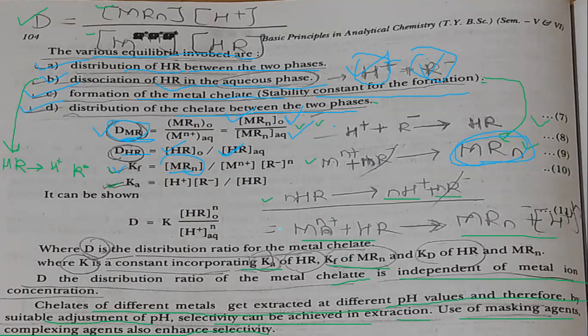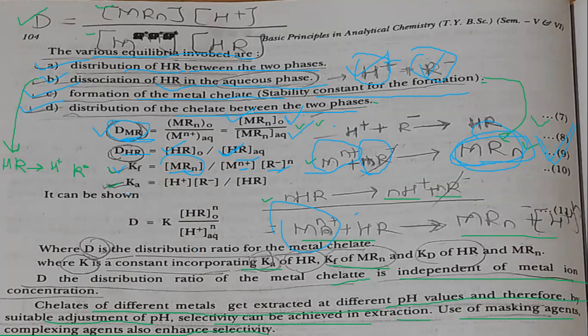See here it is, Mn plus reacts with R minus to form MRN. This is our metal chelate complex. Okay, metal ligand complex, that is called chelate.